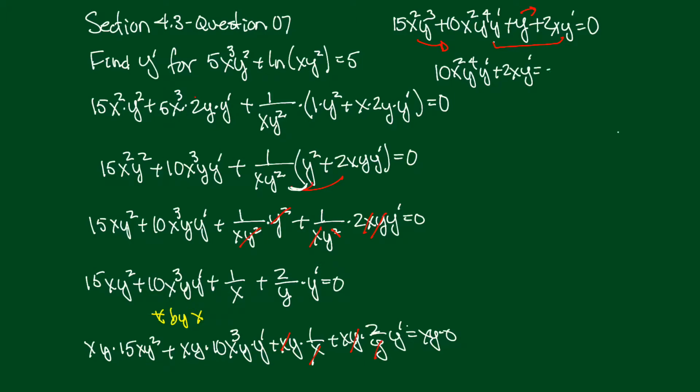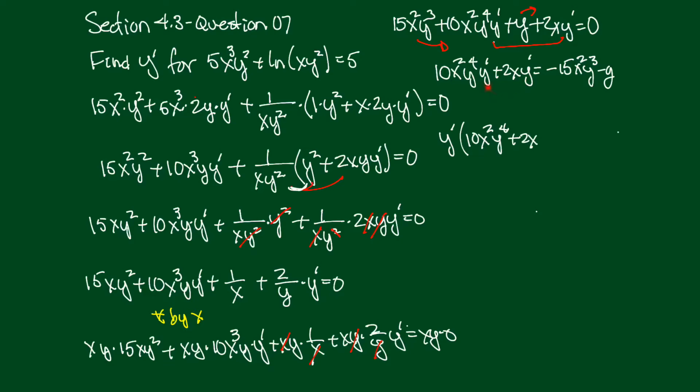That's going to be negative 15x squared y cubed minus y, right? Because I'm subtracting this, so it becomes negative. Let's factor out this y prime.